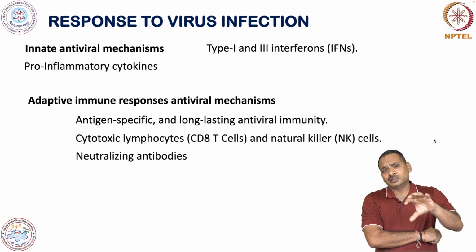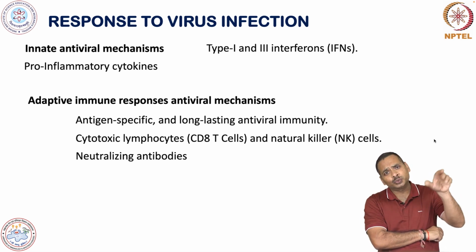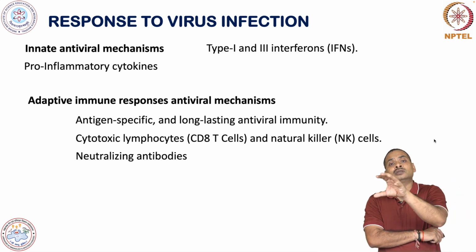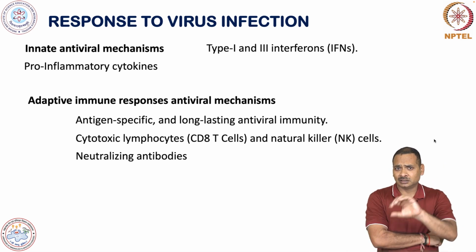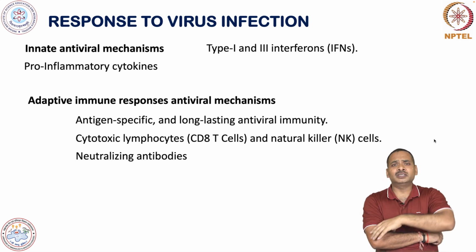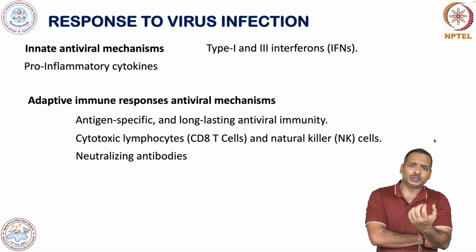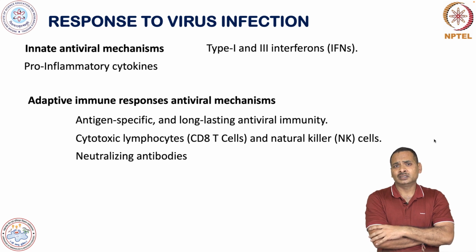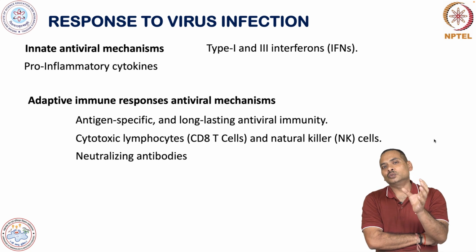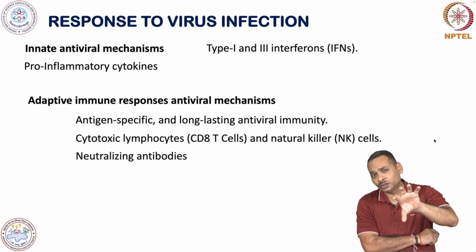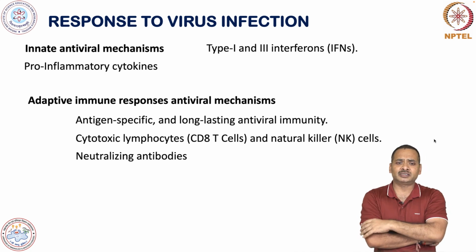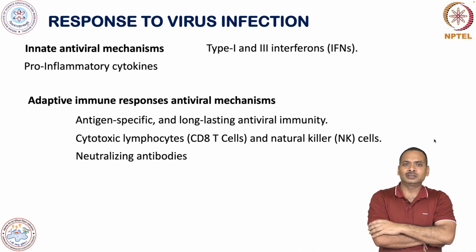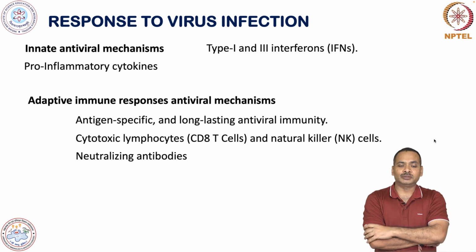They can also coat those molecules which are basically needed for attaching to the target cell. Once the antibody binds over there, the virus is not able to bind with the target cell. So this is the way by which neutralizing antibody works.